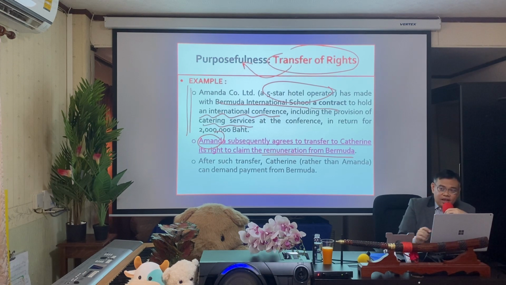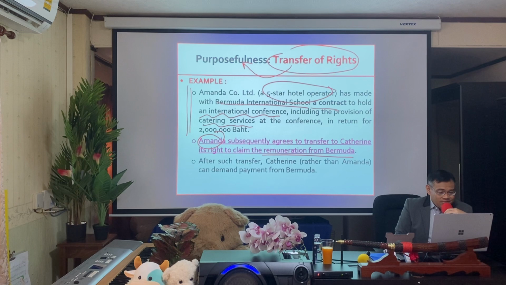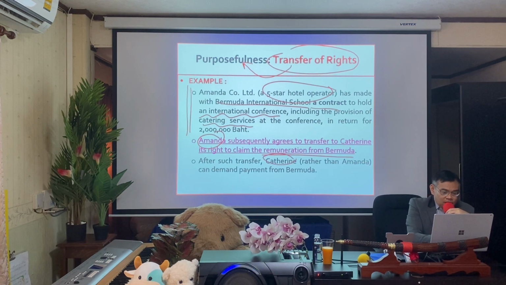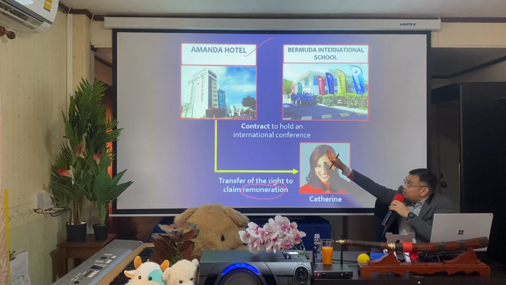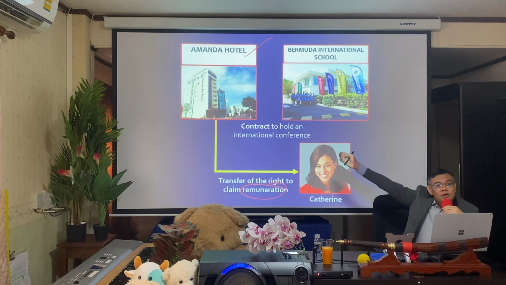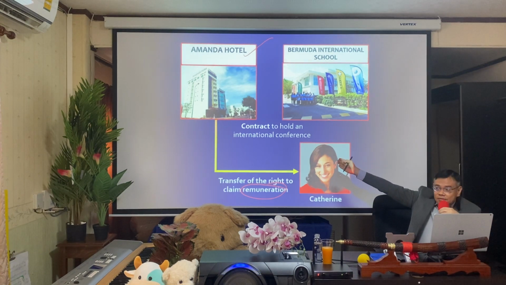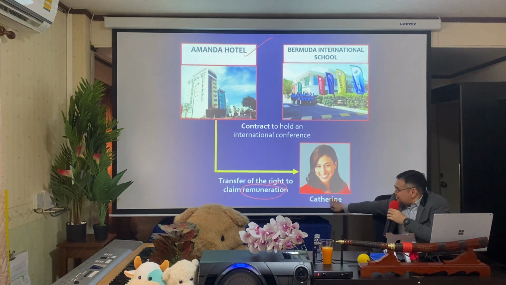So in this case, after they have made this new agreement, who is going to claim the remuneration? The answer is Catherine, not Amanda Hotel anymore, because Amanda Hotel has agreed to transfer the right to claim 2 million baht to Catherine.